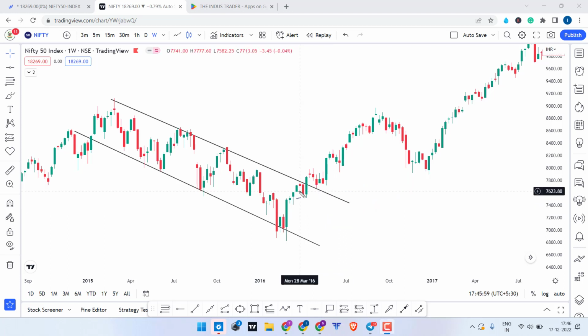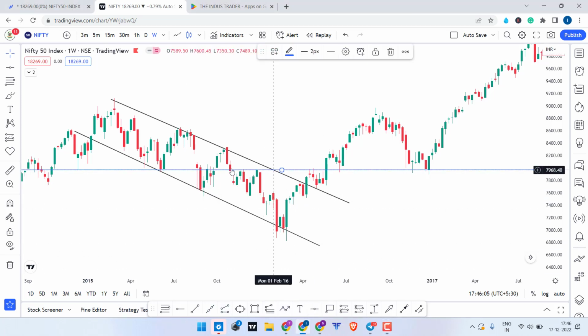That's very simple. You have to draw a line on the recent value area. That is, this is in a downtrend, and this is the recent lower high. You have to draw a line here.